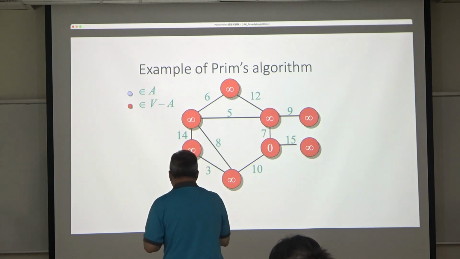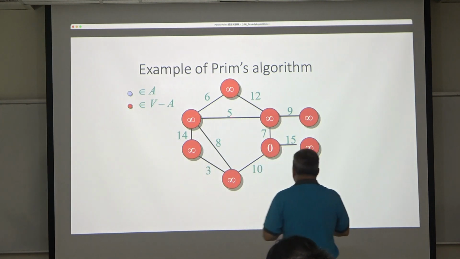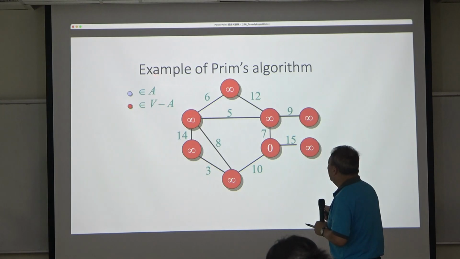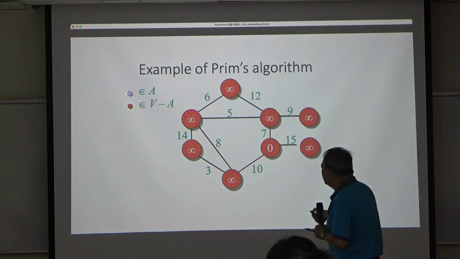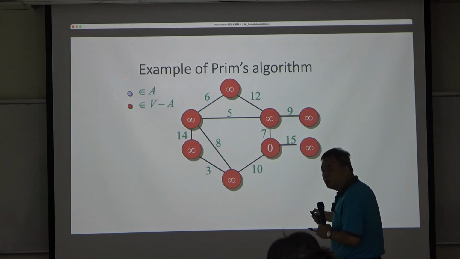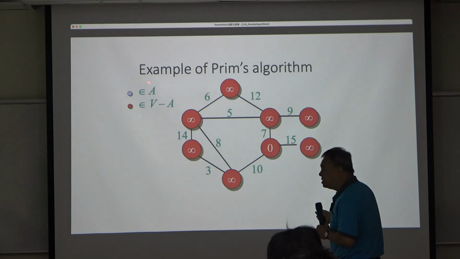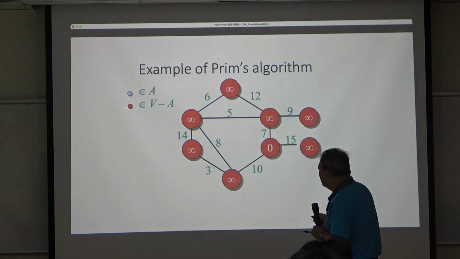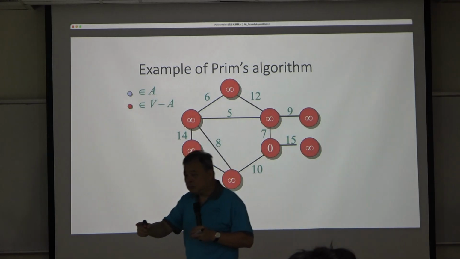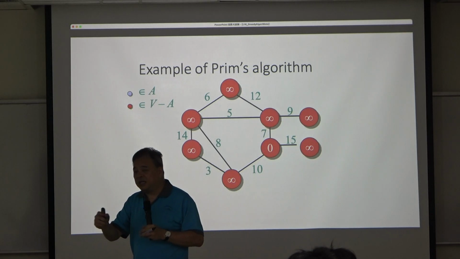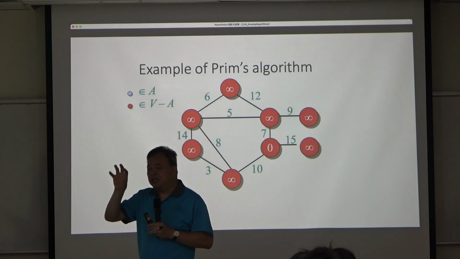So originally, all the nodes will be in V minus A, and there will be no node in A. So all these nodes are in the priority queue first. Second, what is the key?